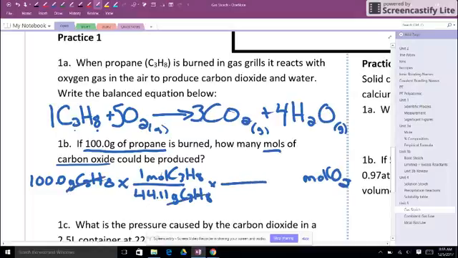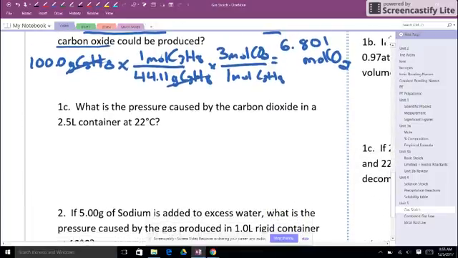Grams cancels. Now, how do we go from moles of propane to moles of CO2 is we look at the balanced equation ratios. And for every 1 mole of propane, we produce 3 moles of carbon dioxide. So we're going to take 100, divide it by 44.11, multiply it by 3, and we get 6.8. And I guess if we have 4 sig figs there, 6.801 moles of CO2 is the best answer.